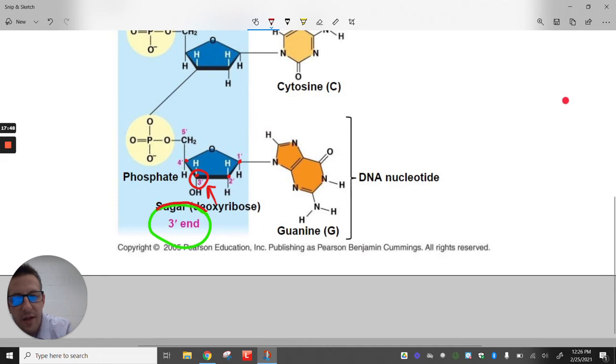That's why they call this end the 3' end. That's going to become important when we talk about DNA replication, because new DNA base pairs are only able to be added in a certain fashion, based on which carbons are open. Is it the 5' or is it the 3'?